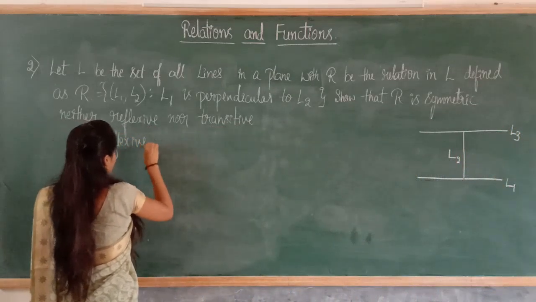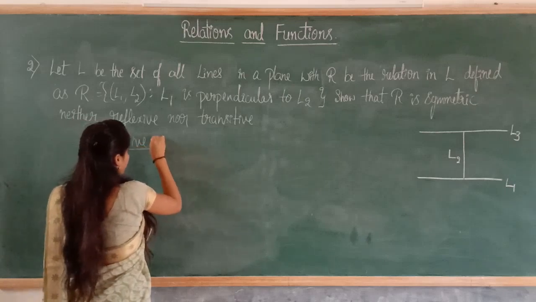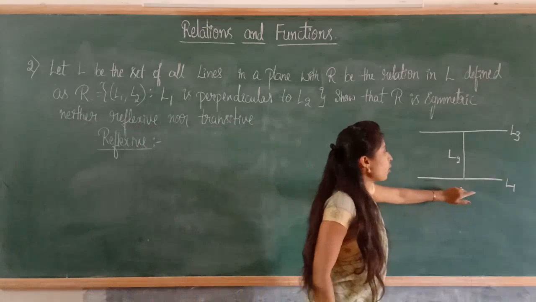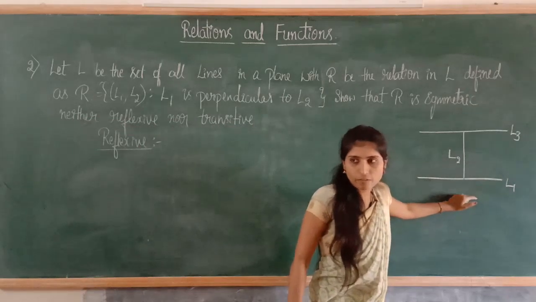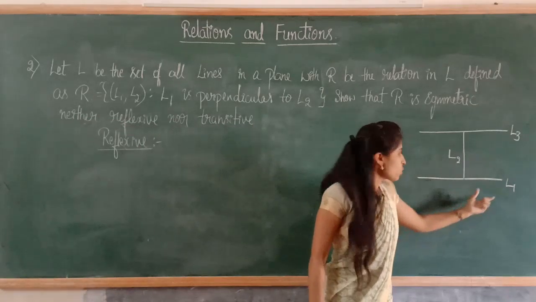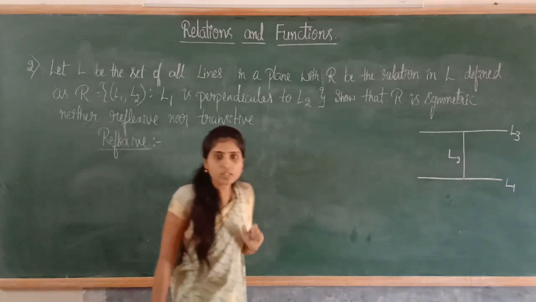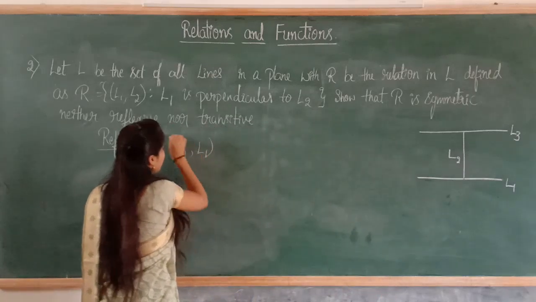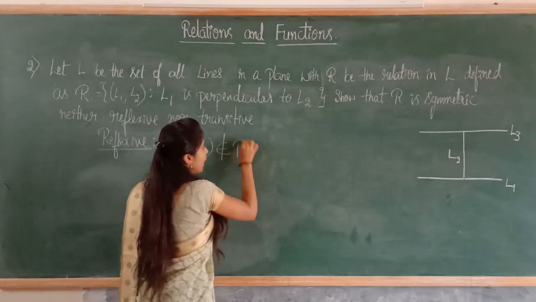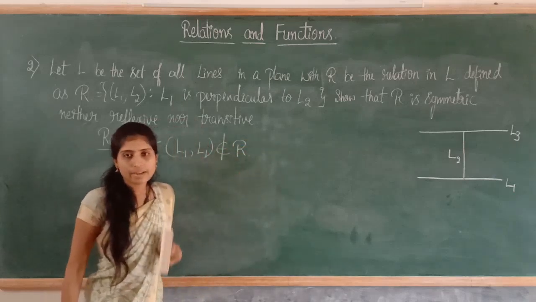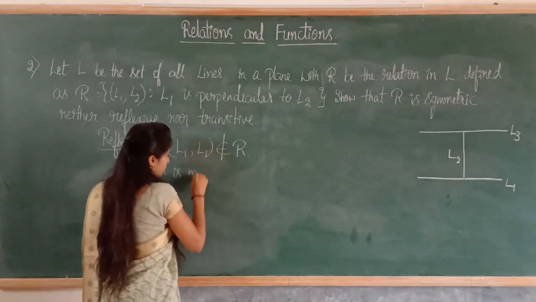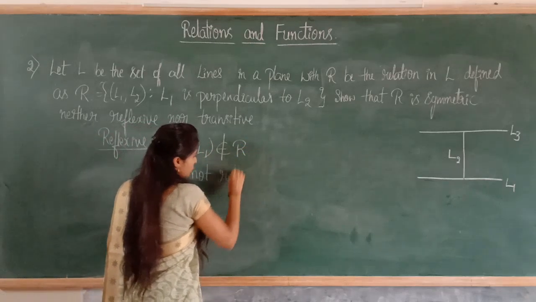See here, L1 cannot be perpendicular to itself because L1 is a straight line. So L1 is not perpendicular to L1. So (L1, L1) does not belong to R. So R is not reflexive.